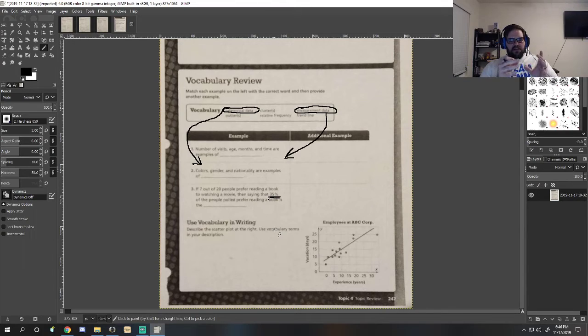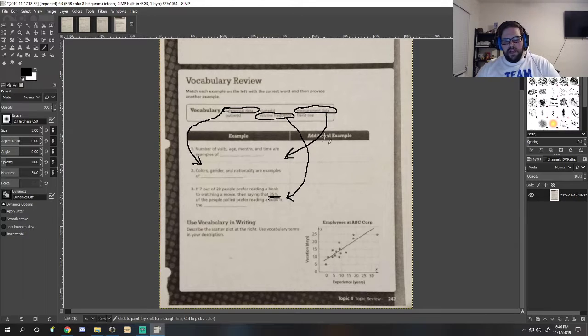But think about the relative frequency tables. Remember when I said relative frequency is just a fancy word for saying the percentage of stuff? So our relative frequency is our fancy way of saying what percentage of people like what. So that would fit down here.